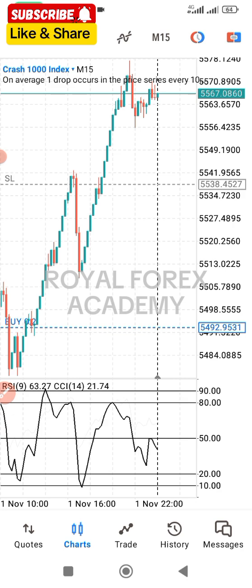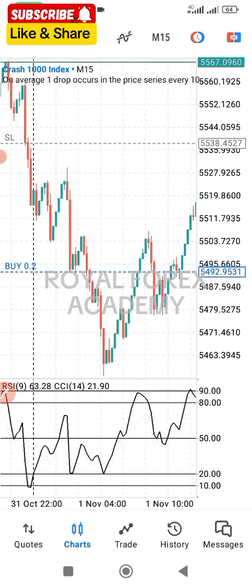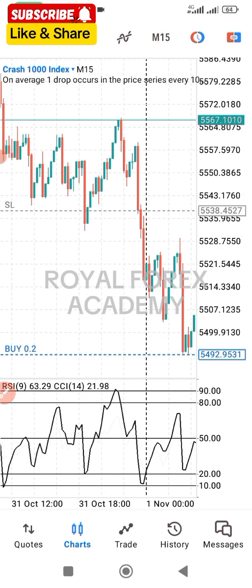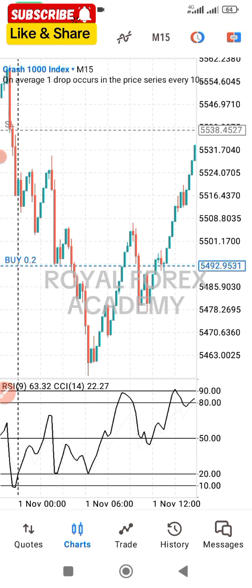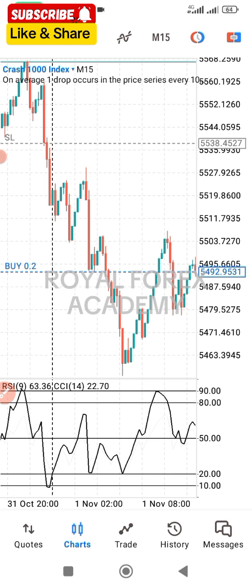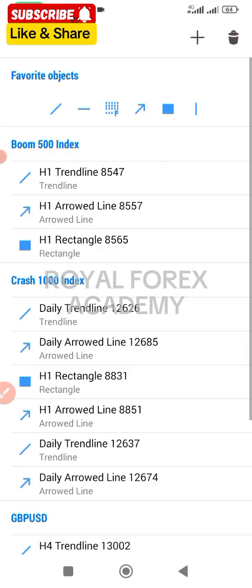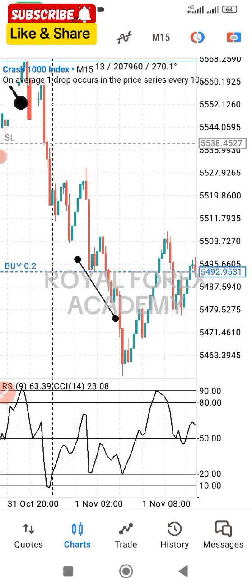If we move to our 15-minute time frame, this is the scenario that we have on this time frame. Even on our 15-minute time frame, the divergence also plays out. Here, to this point.